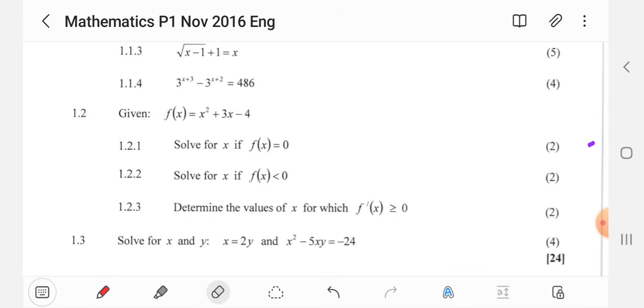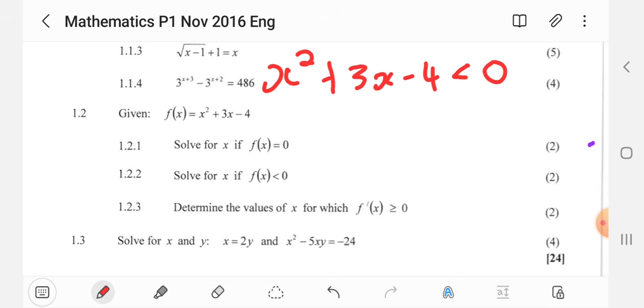So solve for x if f at x is less than 0, that is an inequality. So we will have x squared plus 3x minus 4 is less than 0.